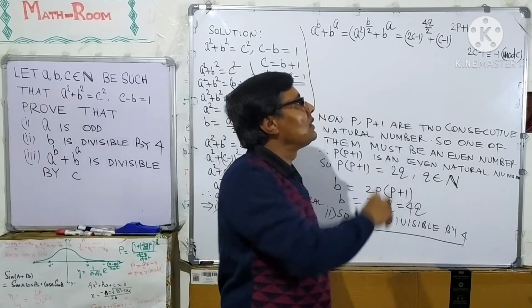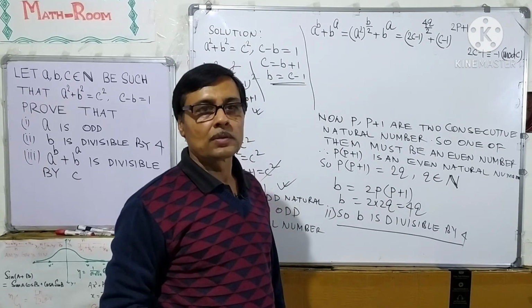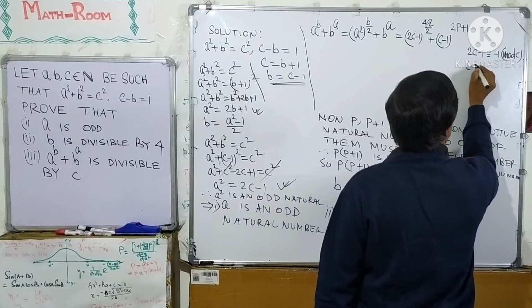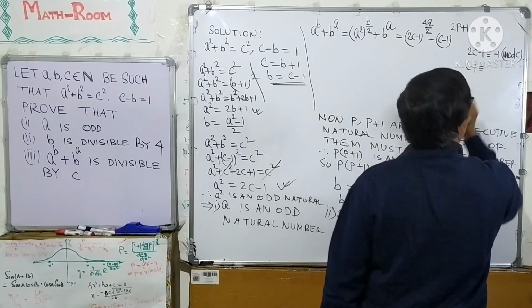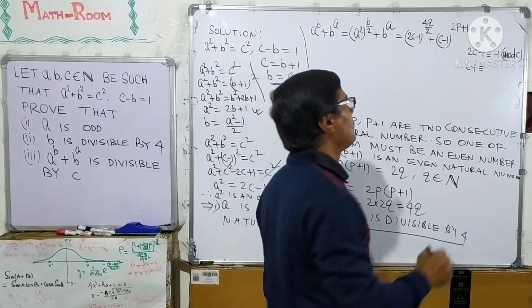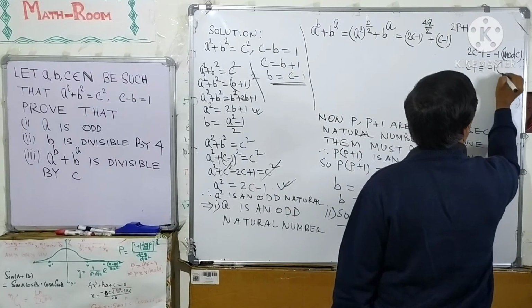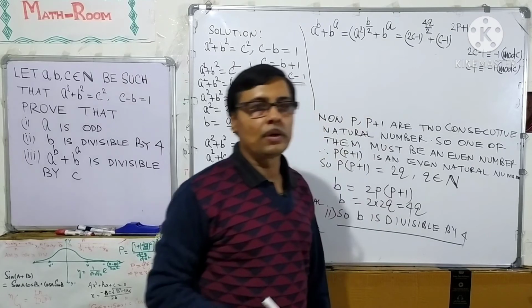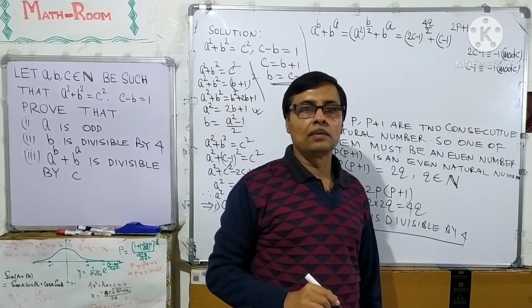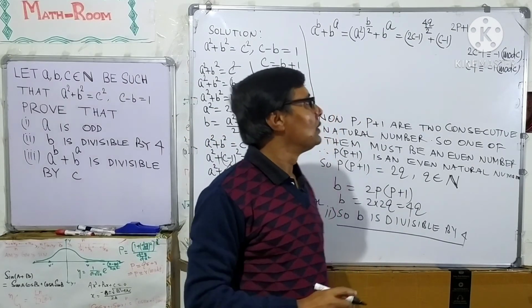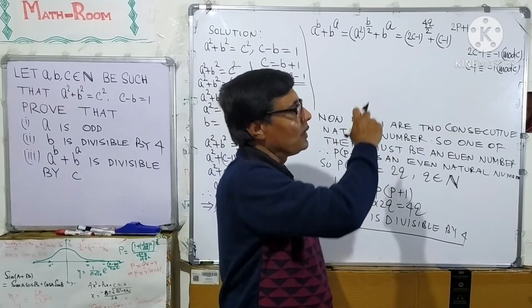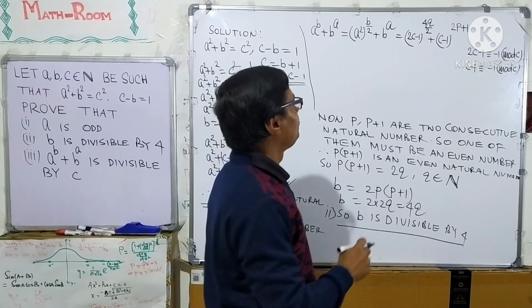And c minus 1 is also equivalent to minus 1 modulo c, because if c minus 1 is divided by c, then we have the remainder minus 1.